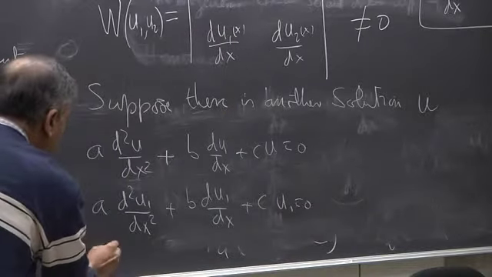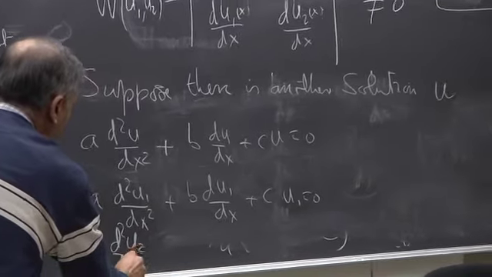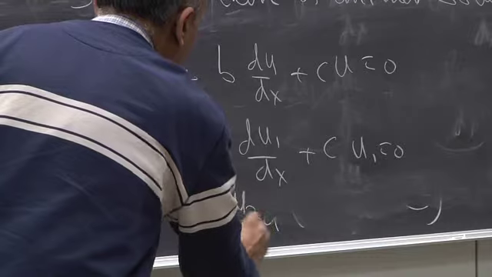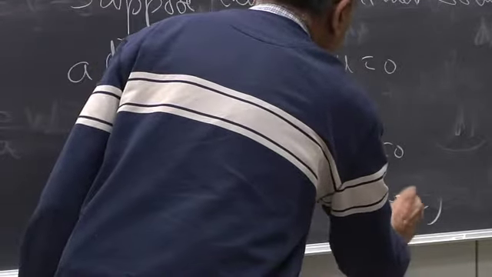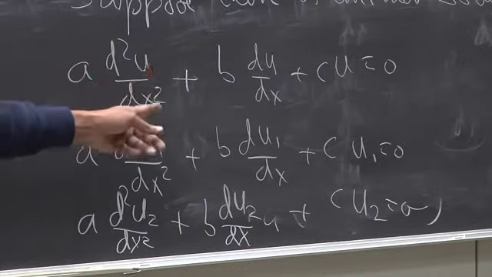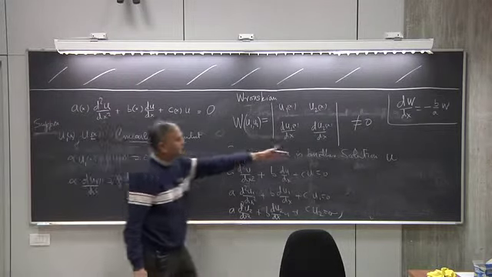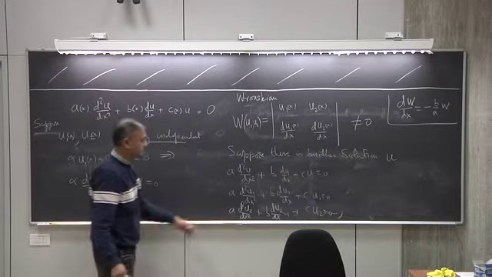And similarly, a d2u2 by dx2 plus b du2 by dx plus c u2 equal to 0, where u1, u2 and u are given to you, right? I said u1 and u2 are two linearly independent solutions, and u is another solution, so these are given to you, and they all satisfy the same equation.